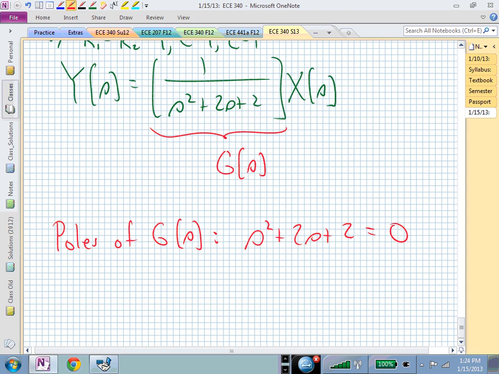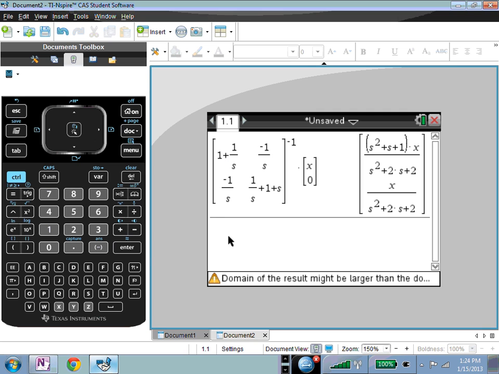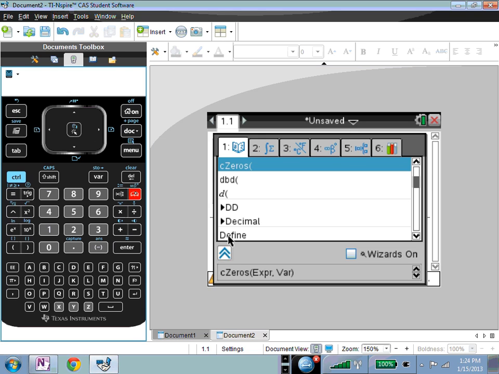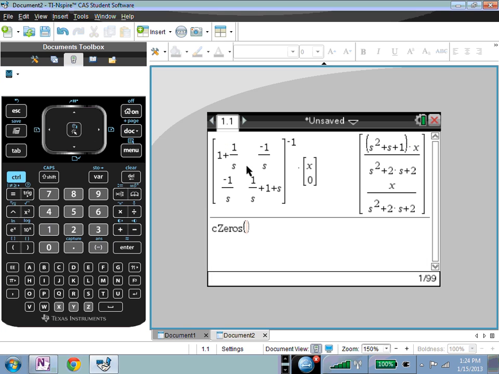They're the values of S that satisfy this. And I don't know why I'm playing with death here, but we could try to do that here, couldn't we? We could go over here and open up our little manual of commands and say, find the complex zeros expression. I know that that particular expression, S squared plus 2S plus 2, if I use the quadratic formula, is going to give me complex roots.